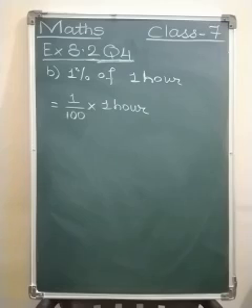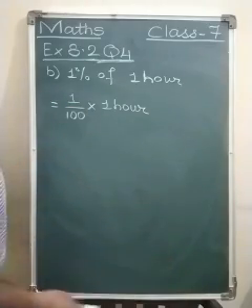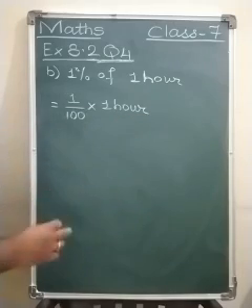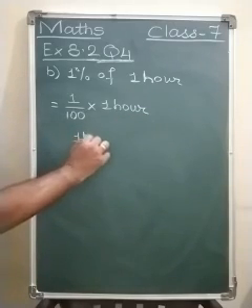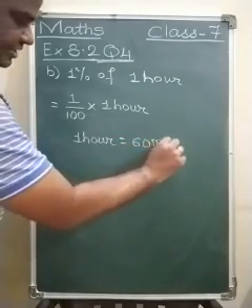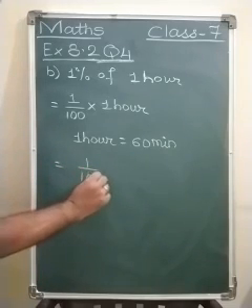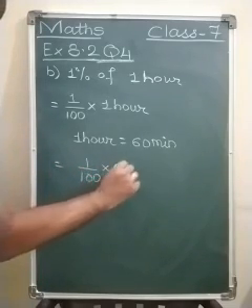That would be 1 upon 100 only, no use. So we'll convert hours into minutes. 1 hour equals to 60 minutes. So this equals to 1 upon 100 multiplied by 60.